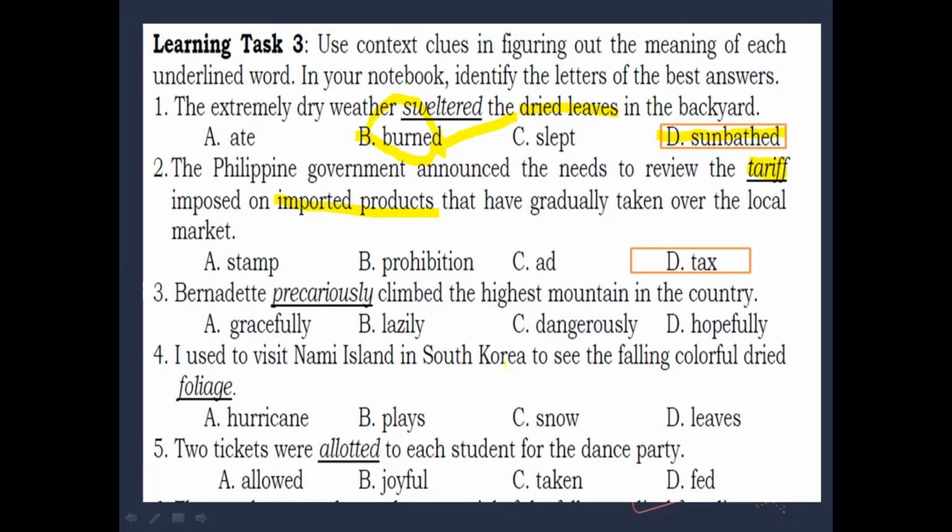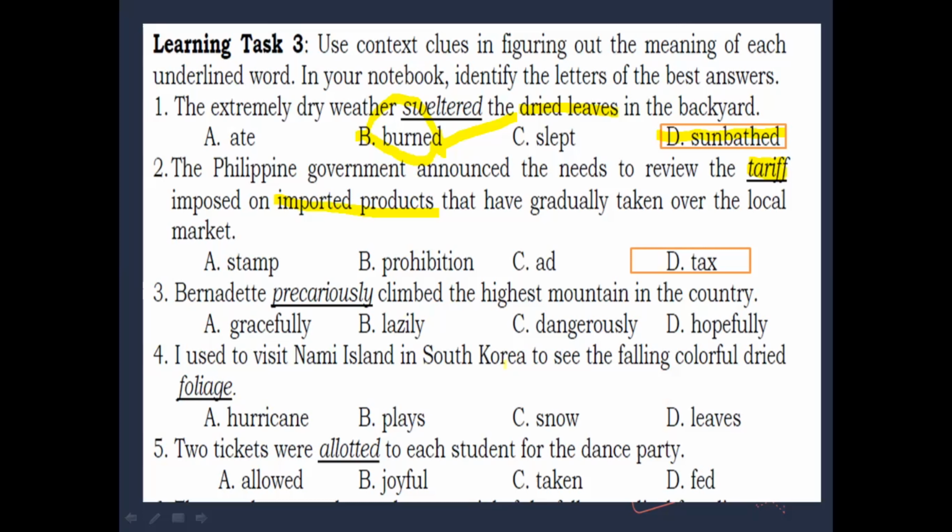listen to Google. What is the meaning of precariously? This is the definition of precariously: in a way that is not securely in position and is likely to fall or collapse. Okay, so, in a way that is not securely in position and is likely to fall or collapse.